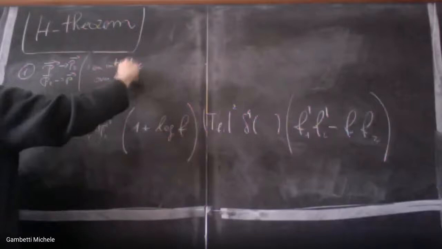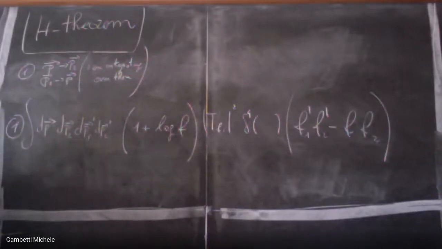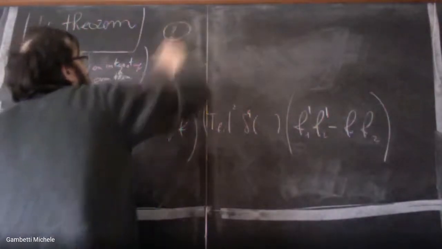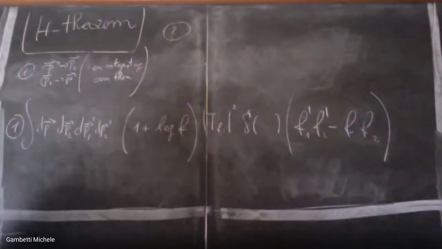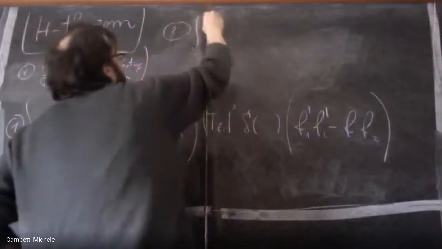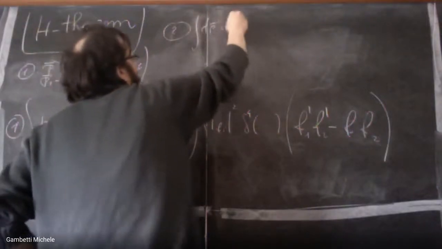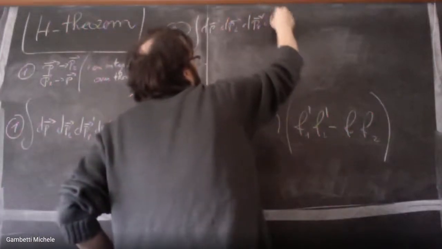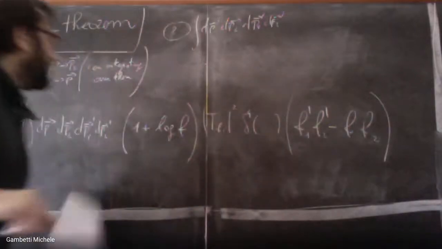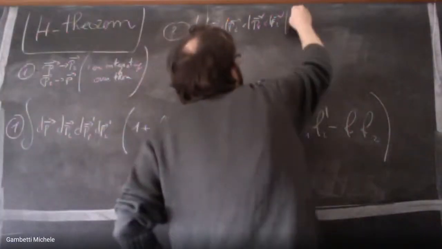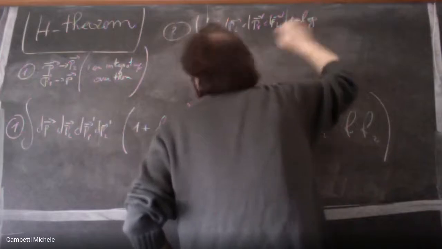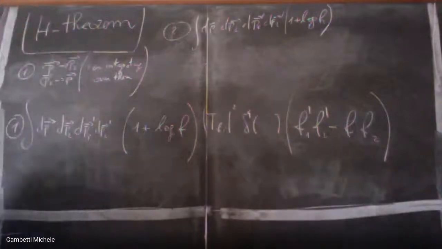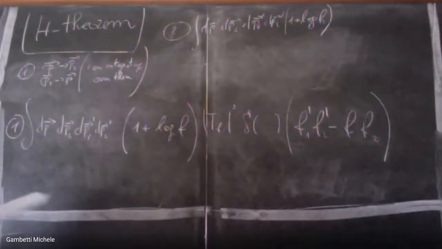So if I do this, I get a second way to express the derivative of h with respect to time, which is dp, dp2, dp1 prime, dp2 prime. And here comes the interesting part, which is 1 plus log of f2, because I'm switching from p to p2, but it's okay because I'm integrating over this quantity.